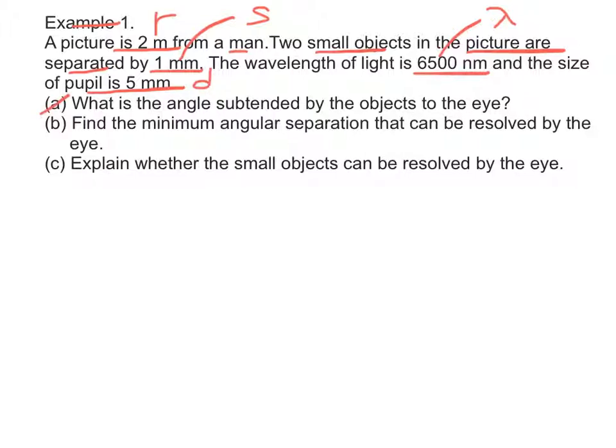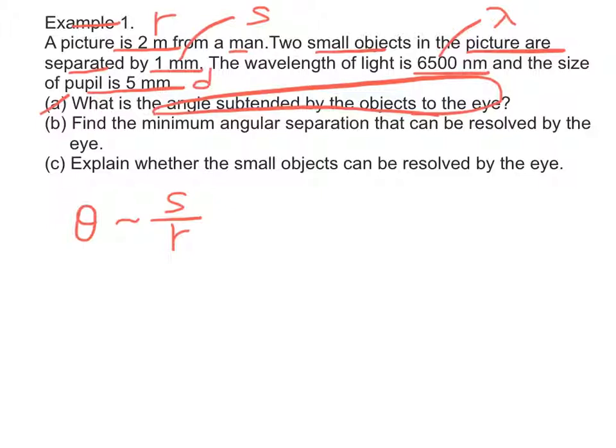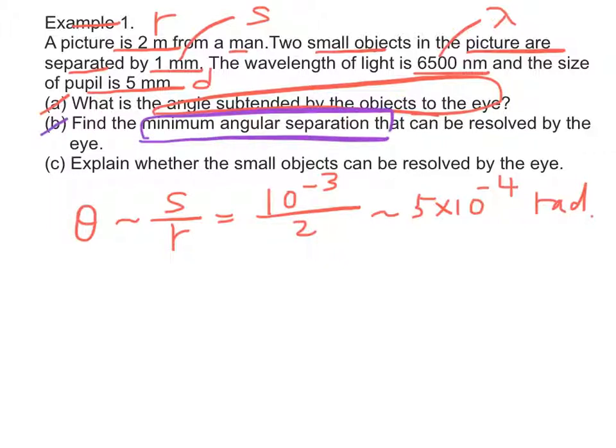Part A. The angle obtained by the objects to the eyes, theta, is approximately equal to S over R, equal to 10 to the power negative 3 over 2, which is about 5 times 10 to the power negative 4 radian.